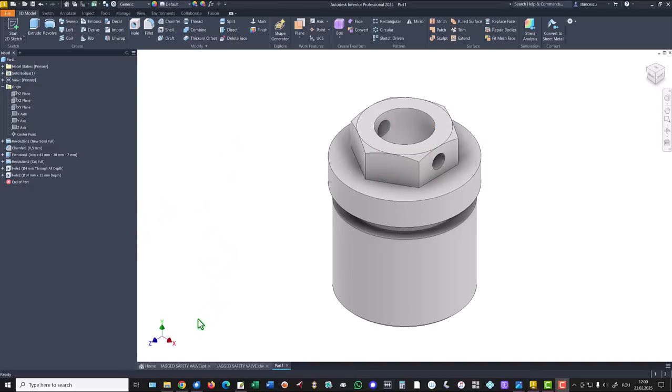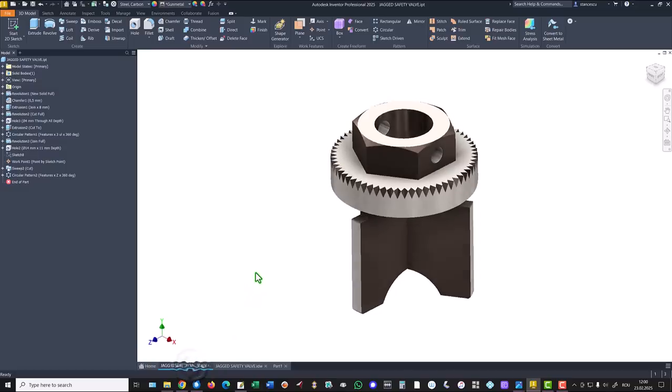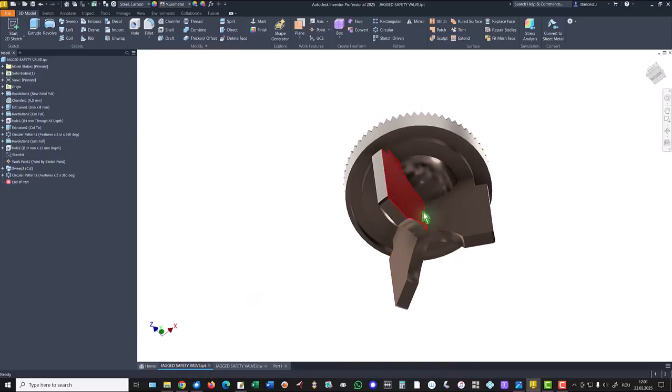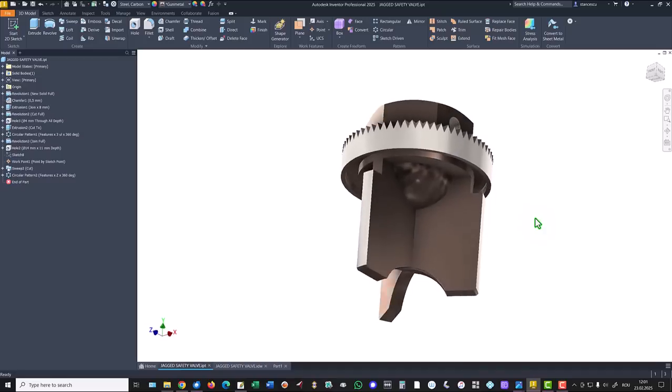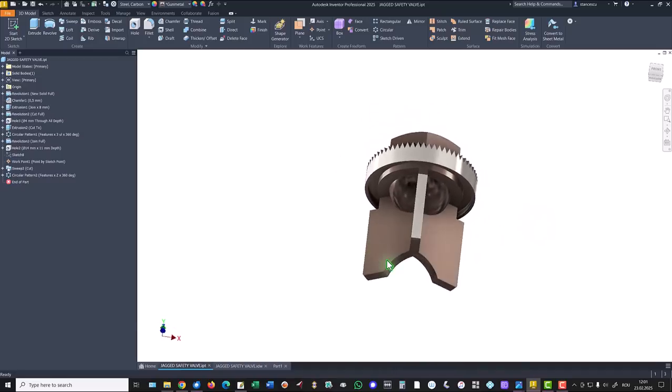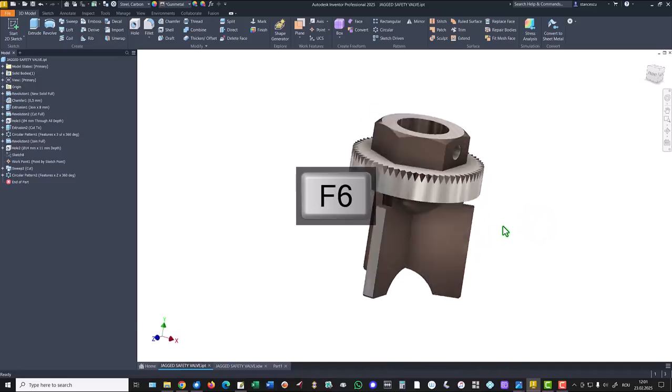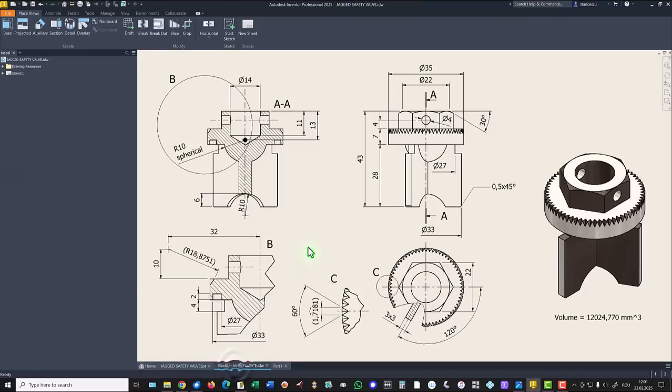Okay, the part has these three features at 120 degrees with dimensions here, 120 degrees, 3 of 3 millimeters.